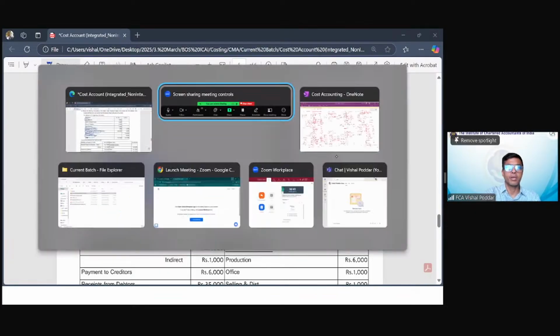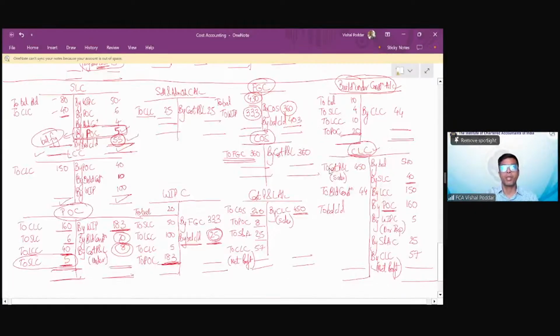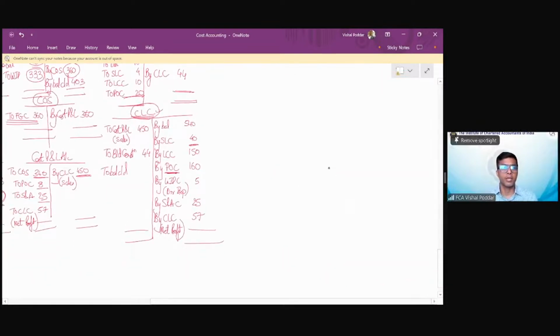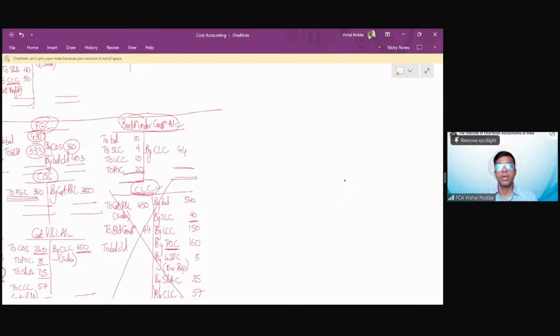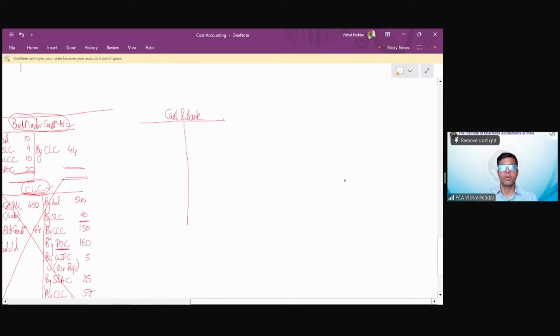Now, as I had explained earlier, what will happen if I have to solve a sum by non-integrated, then this account won't be there. Instead, I will open the account called cash and bank. I will open the account called sundry debtors.